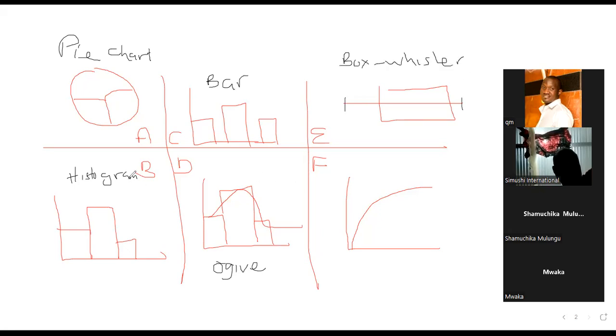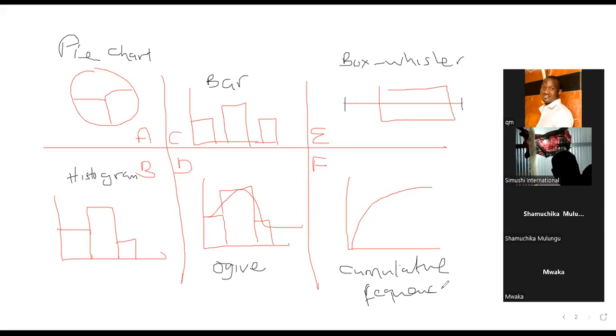And what is polygon F? The cumulative what? Frequency. Cumulative frequency graph. Okay.